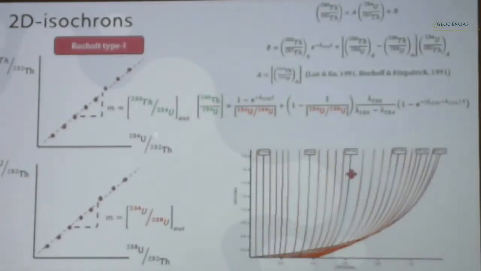For example, from these isochrons we can get the isotopic composition 230/234 against 234/238, and using this equation or this graphic, we can calculate the age.